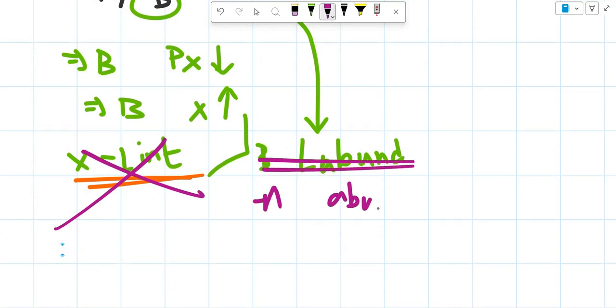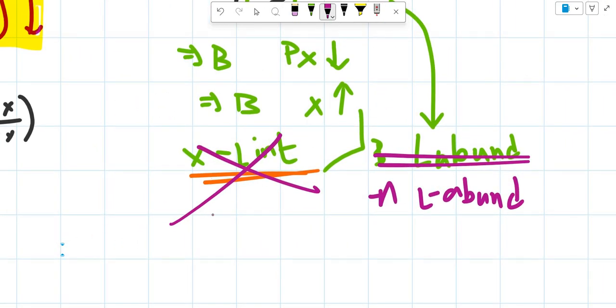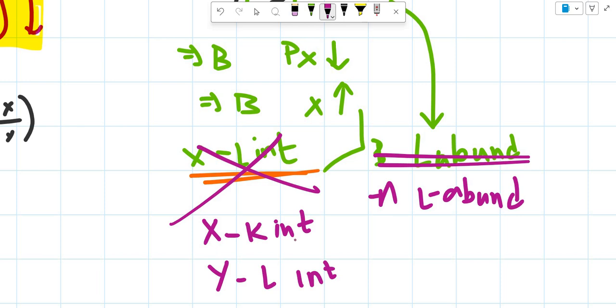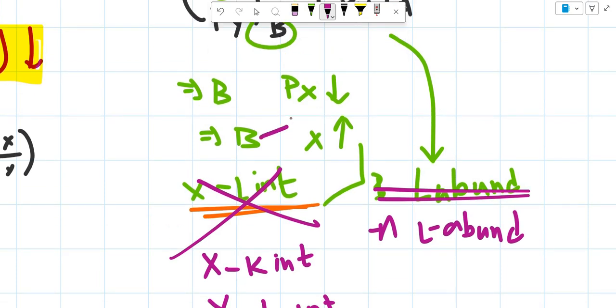How do I justify it? I say X is not labor intensive here, X is capital intensive here. So if X is capital intensive, that means Y is labor intensive. Now, if X is capital intensive, that means B also has more capital. That is why B can produce more X.